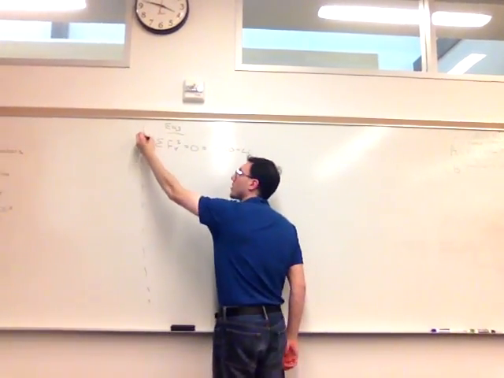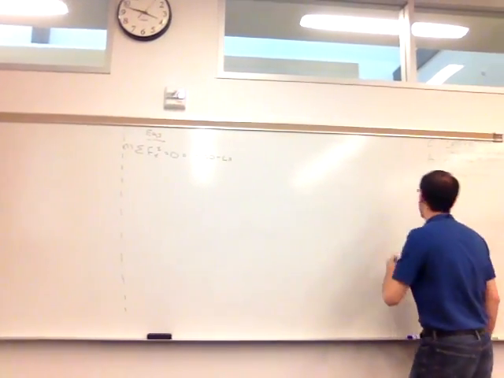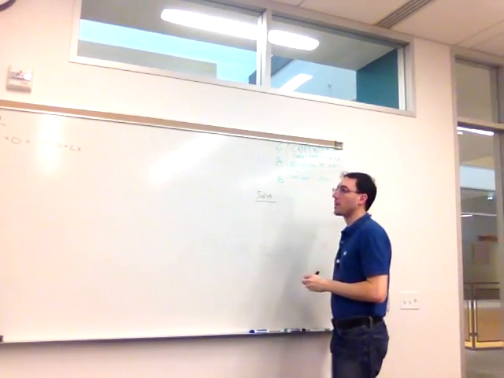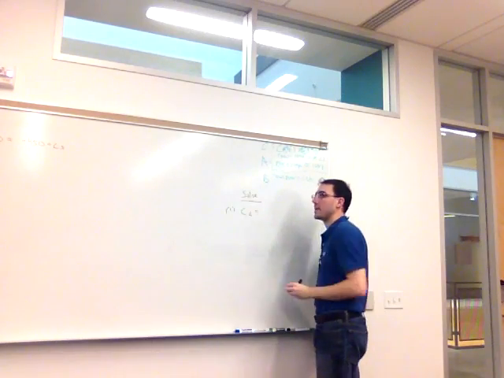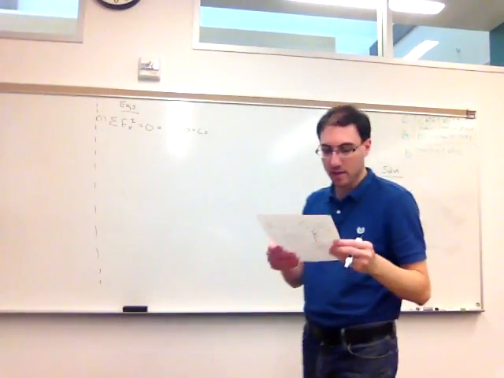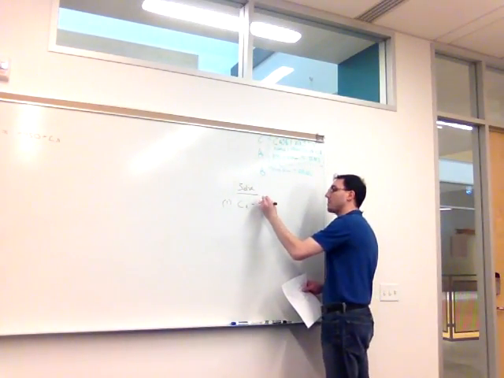And this is going to be my equation 1. So we can take equation 1 and solve it. Since CX is the only unknown in equation 1, CX is going to be positive 450 pounds.